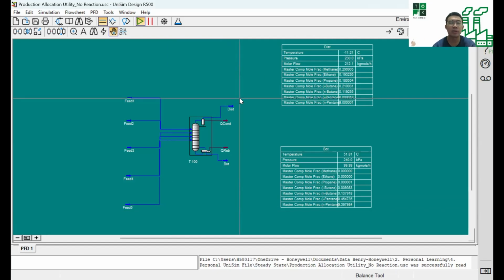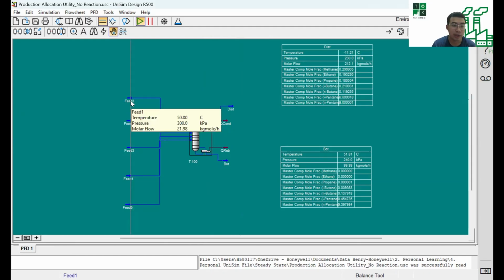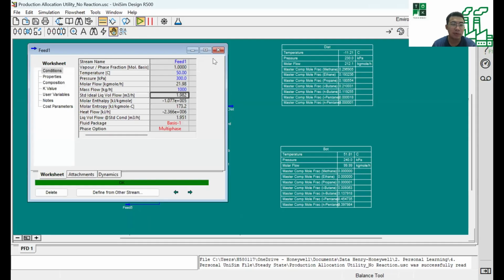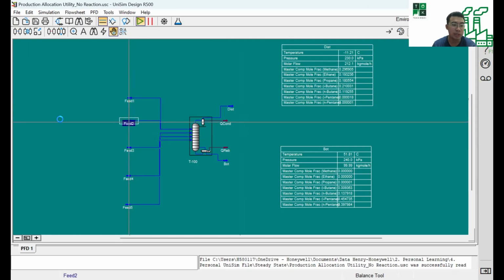Okay, so you can use any kind of flowsheet, any kind of simulation that you have, at least that you have several feeds and also the product stream. In my case, I'm using a hydrocarbon system from C1 to C6, where I have varied mass flow and also compositions here.